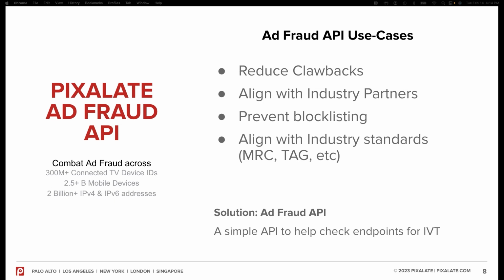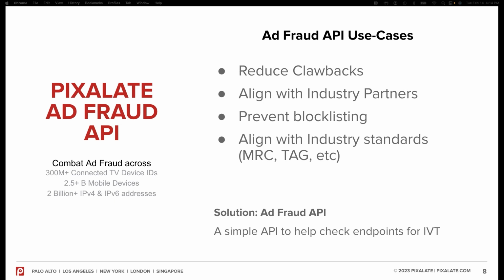You'll be able to use our APIs to determine what traffic may be potentially a source of IVT, a source of ad fraud also, and basically, you can take a decision about whether you want to use that traffic or not. This helps in both reducing clawbacks, but also aligning with the industry partners that are involved in the ad delivery chain, and also helps with your brand, right?